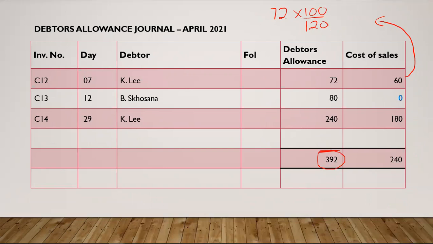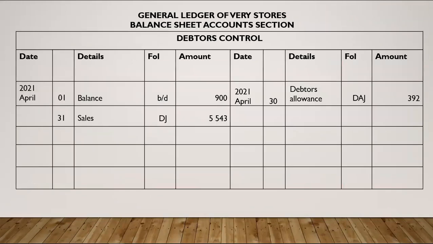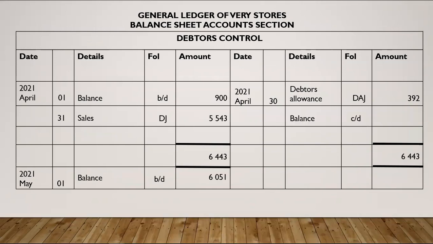Okay. And from there, we just have to find the bigger side, which is the debit side in this case, minus the credit side. The balancing figure will be what we call balance carried down, which will be balance brought down. That amount will be 6,051. Okay, let me just confirm if that is correct.